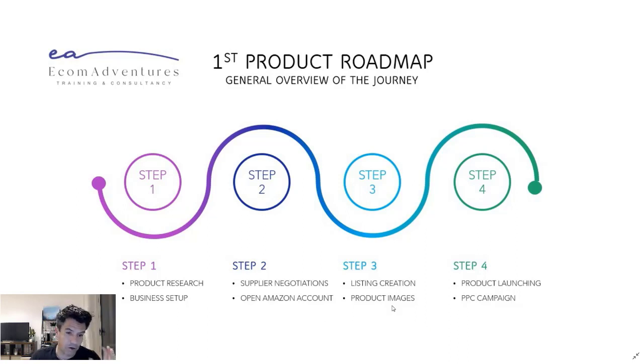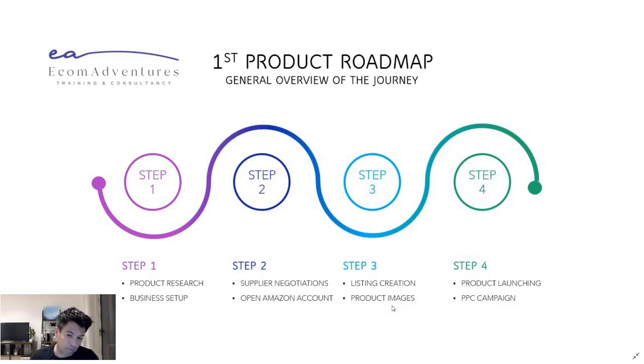Your images are your main way to sell your product, because people on Amazon obviously cannot touch the product or physically have it in their hands. So how are you going to show how good your product is, how interesting and how important it is to the customer? With the pictures, infographics, pictures explaining the benefits, explaining why this product is good.